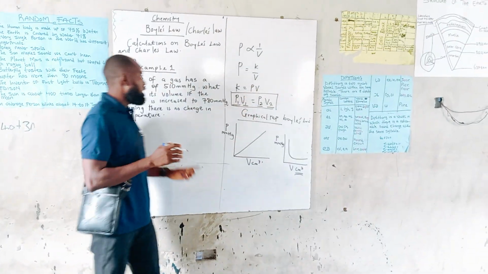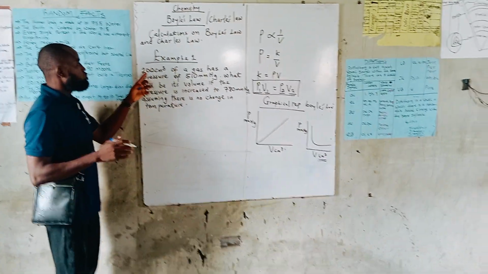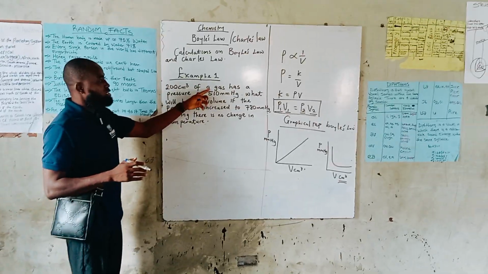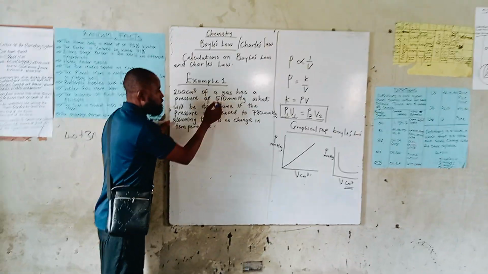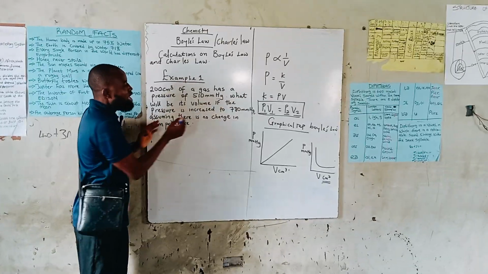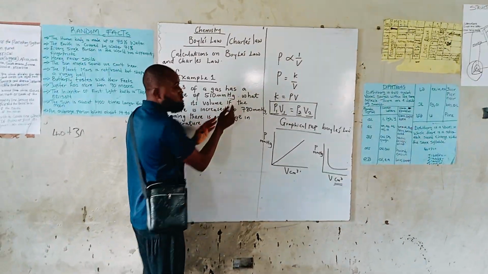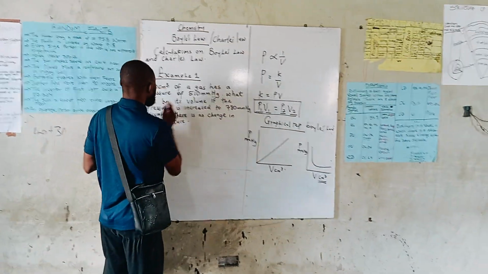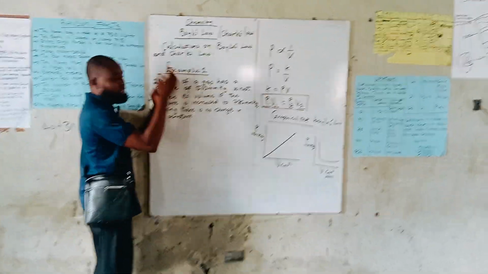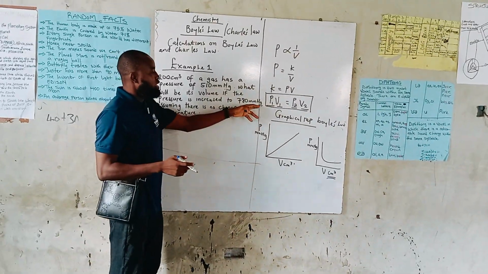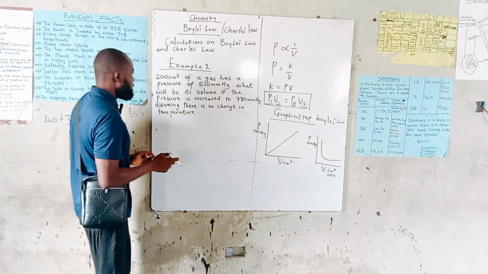Then look at this question now. 200 centimeter cube of a gas has a pressure of 510 millimeter mercury. Anytime you see millimeter mercury, that's your pressure. What will be its volume if the pressure is increased to 780 millimeter mercury?